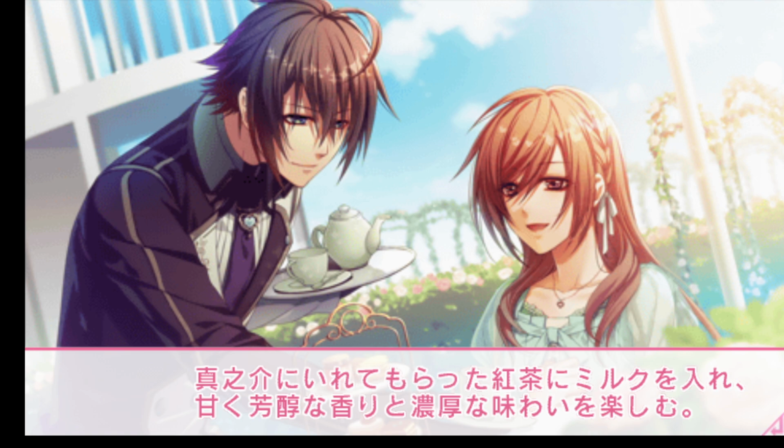It's like saying the black tea that I received to be brewed by Shinnosuke. Basically, the black tea that was brewed by Shinnosuke. Does that make sense?